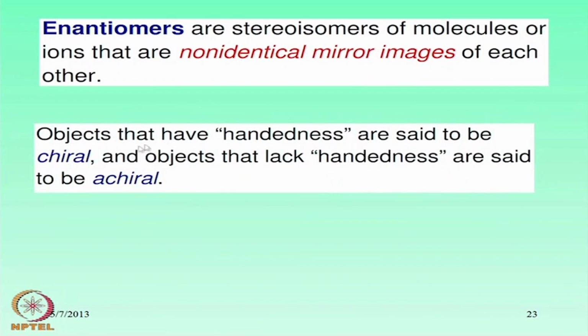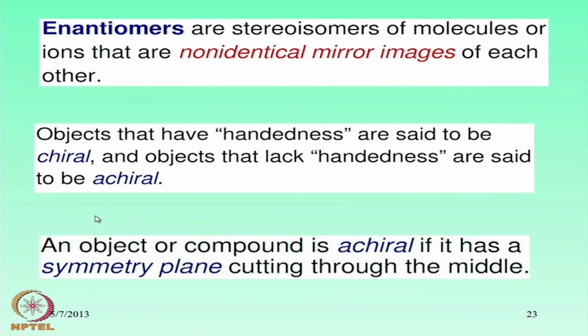Next we see that objects that have handedness are said to be chiral, and objects that lack handedness are said to be achiral. So it's related to handedness behavior. That means the right-handed or left-handed behavior makes the molecule chiral, and if that is not there, like in our trans isomer, we consider it achiral.